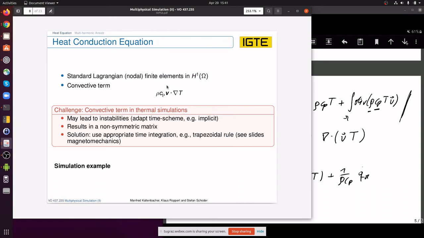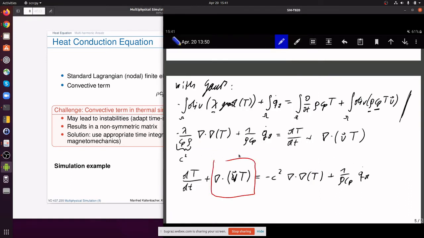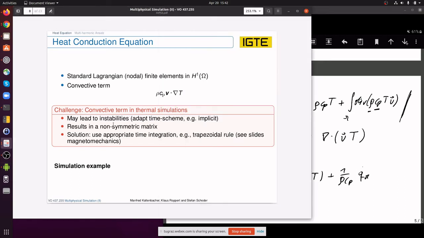If we perform the classical weak form of this heat convection PDE, discretize it with H1 nodal elements, so classical Lagrangian finite elements, and write down the linear system, we will see that the system matrix is not symmetric.